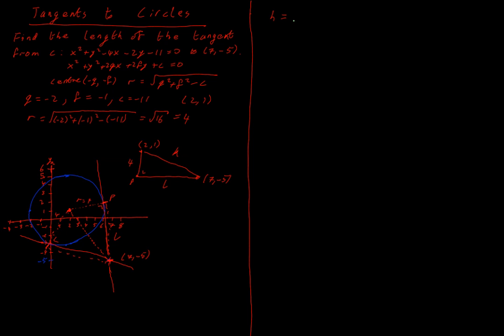H is going to be the distance between 2, 1 and 7, minus 5. So the distance formula is what I need. And I go to my log tables and make sure that I look up exactly what the distance formula is.